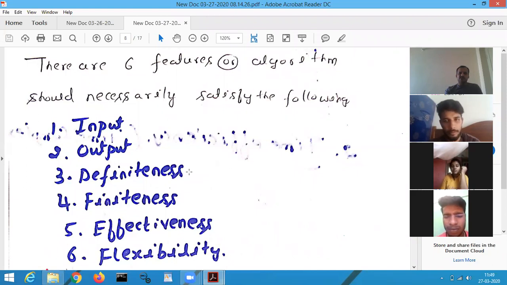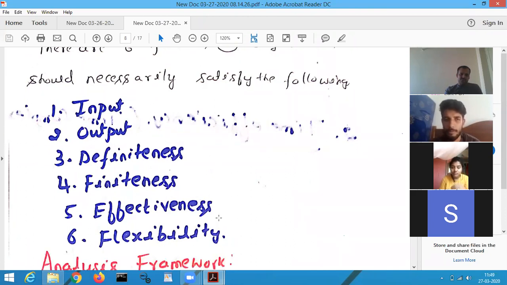If you take Euclid's algorithm, one can clearly understand each and every step and the logic of the algorithm without any confusion. That is nothing but definiteness. Then effectiveness and flexibility.